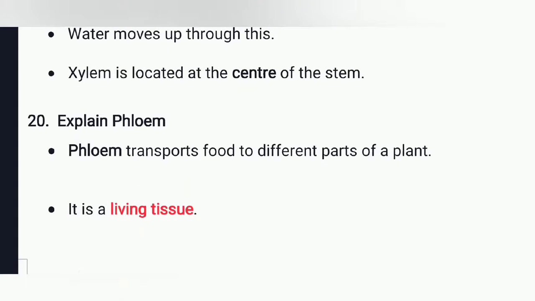Explain phloem. Phloem transports food to different parts of a plant. Here, food is manufactured by leaves due to the process called photosynthesis. From there, food is transported to all other parts of a plant by means of this tissue called phloem.